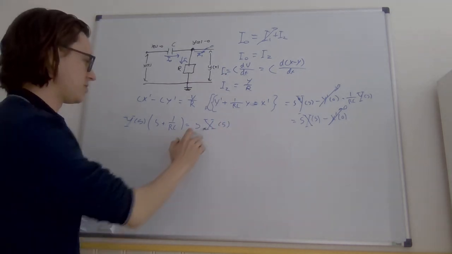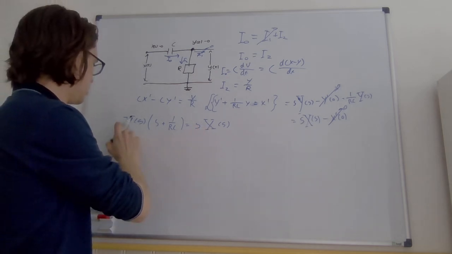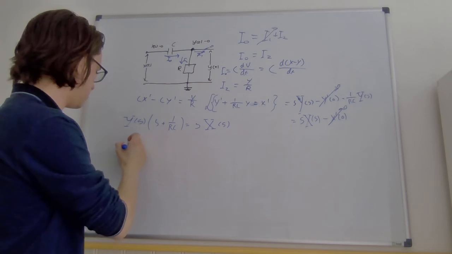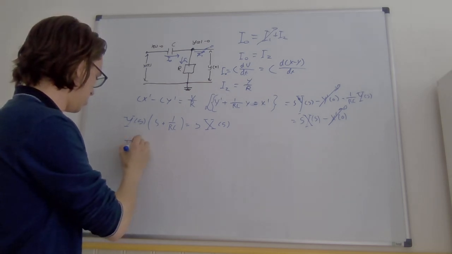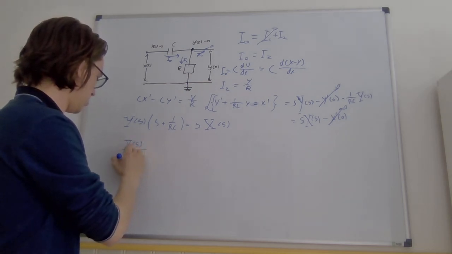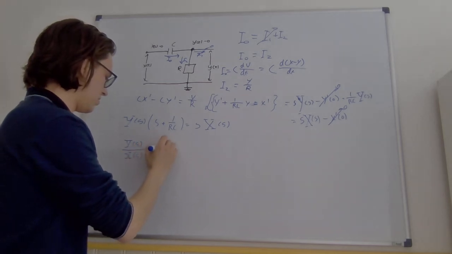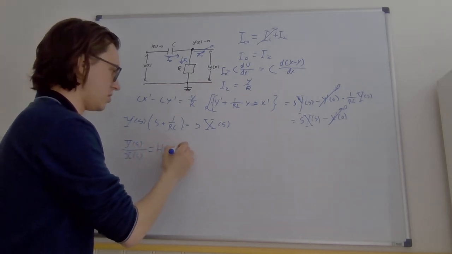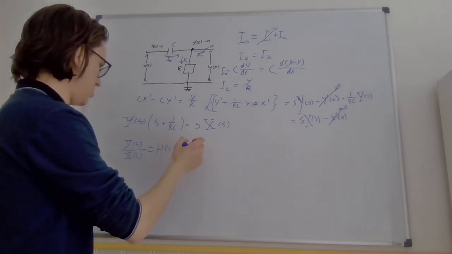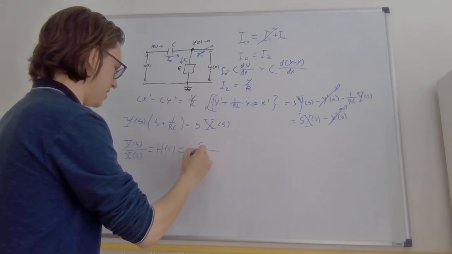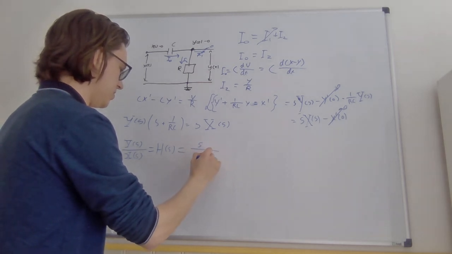Next, to find the transfer function, we want to find Y divided by X, which is easily found. That's equal to our transfer function, which equals s divided by s plus 1 over RC.